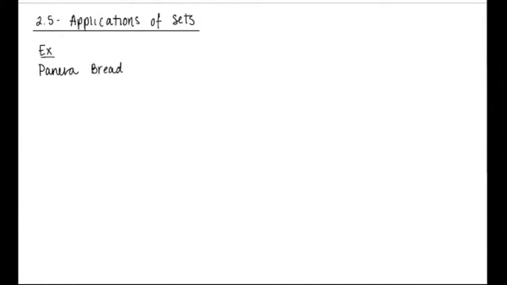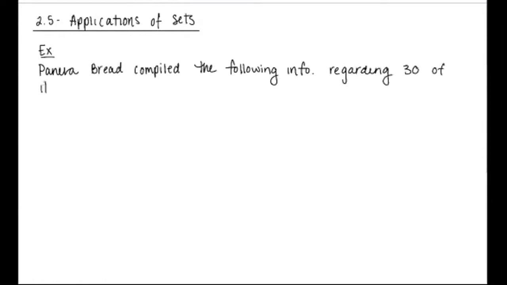compiled the following information regarding 30 of its employees. The following was determined.